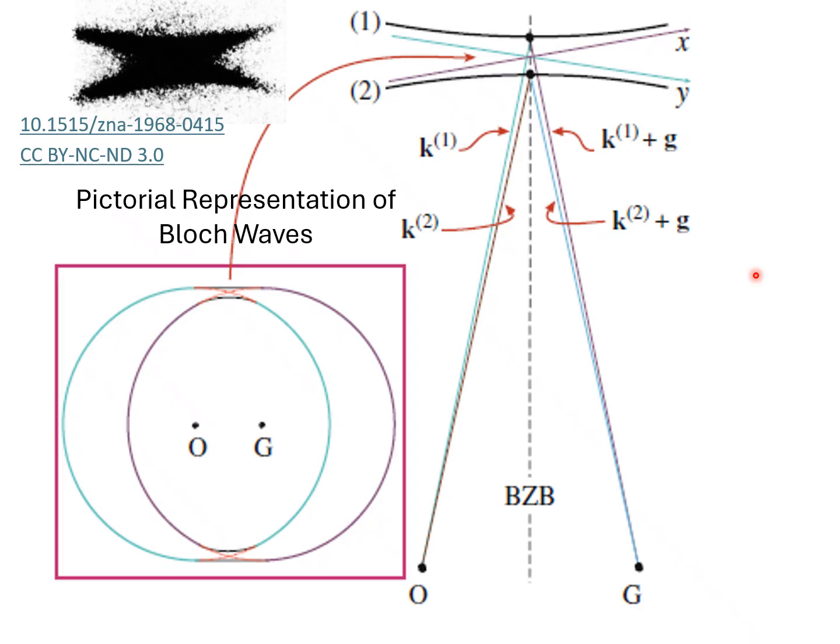And I've never really understood Bloch waves until more recently. And then it occurred to me that, oh, we're talking about two real waves, and they can be detected. This is an image of a Bloch wave, an electron diffraction that I pulled off the internet. They can be detected, and they're real.